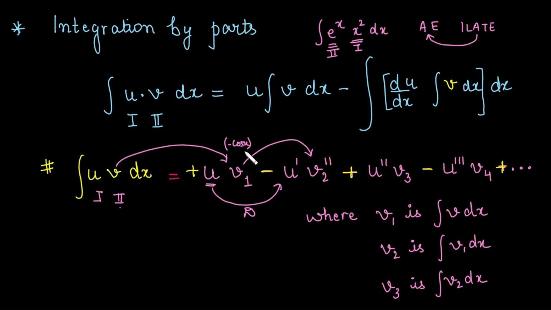Means if we have minus cos x, take its integration along with the negative sign, plus the derivative of this term, then take its integration, minus the derivative of this term, then take the integration of v3, that is v4. Observe the signs. So first one is positive, then negative, then positive, negative, positive. With the help of this form, there is no need to apply integration by parts more than once. We can directly find the value within one step.